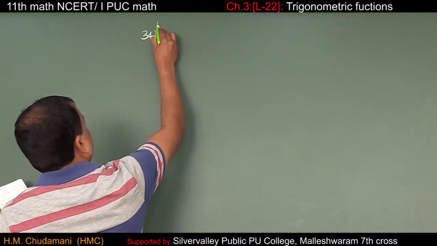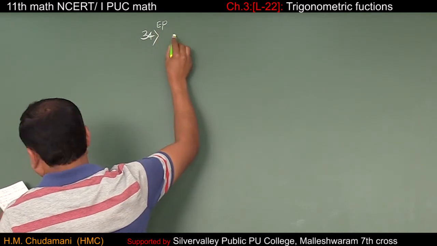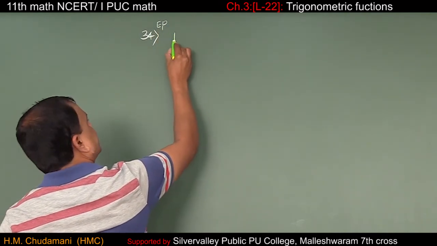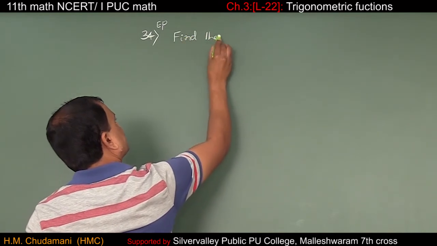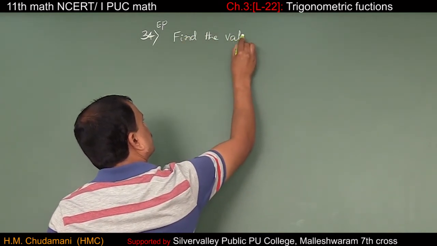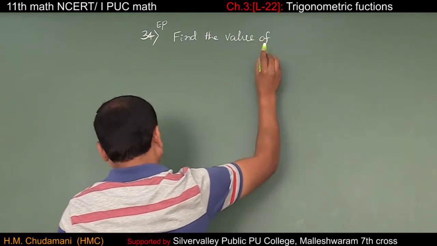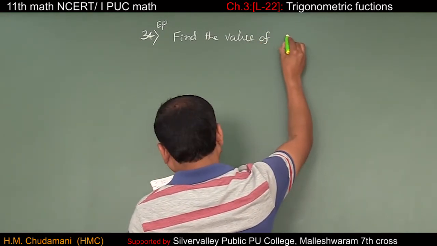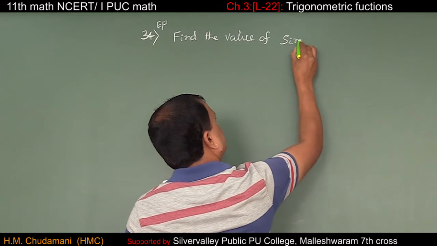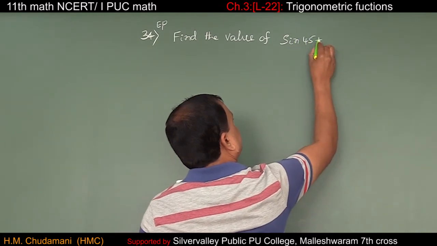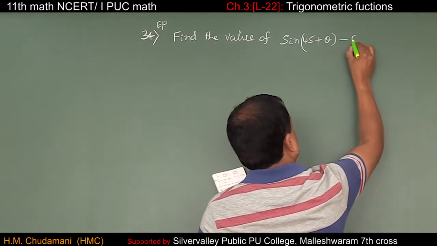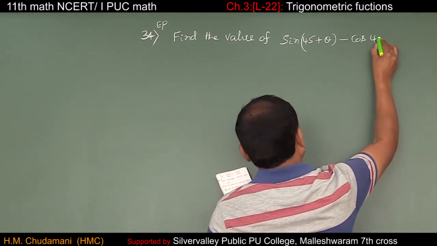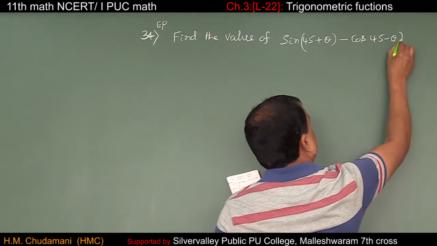Again, an exemplar problem. Find the value of sin 45 plus theta minus cos 45 minus theta.